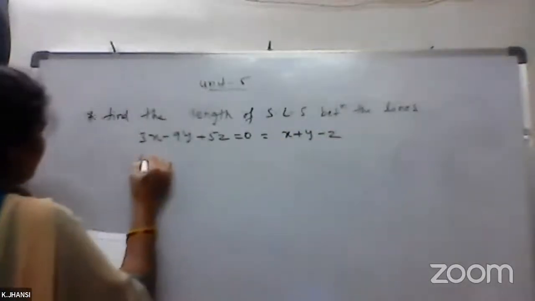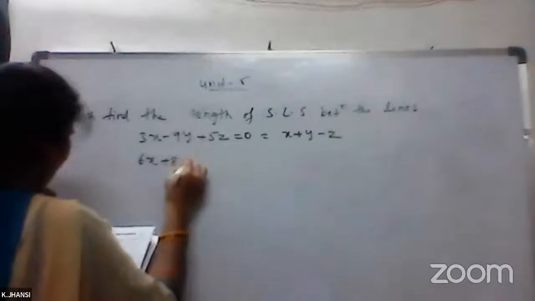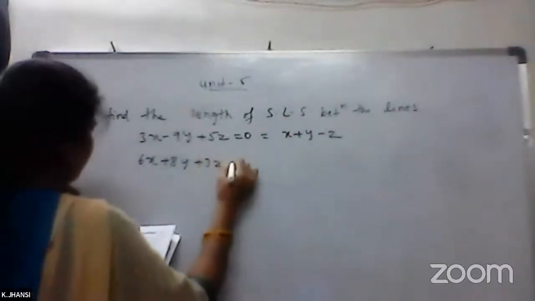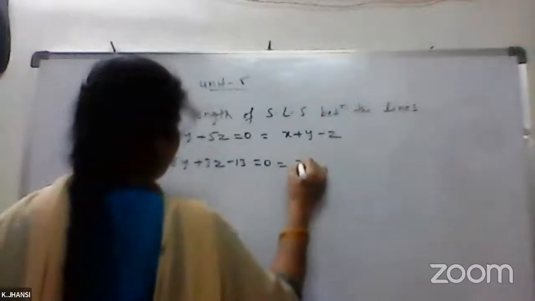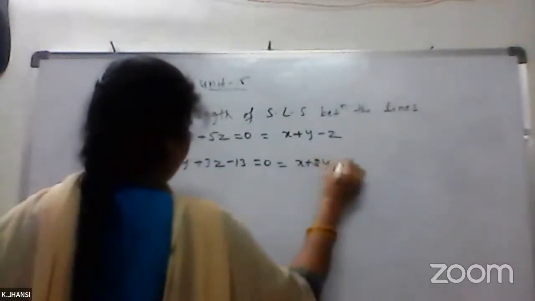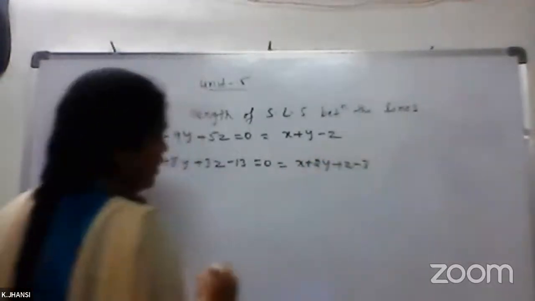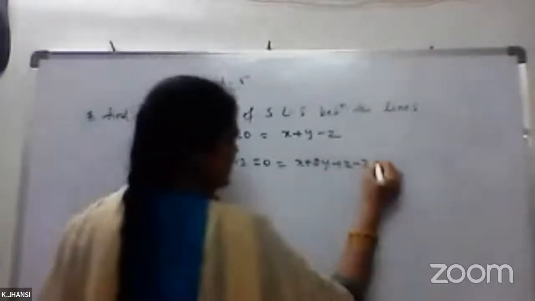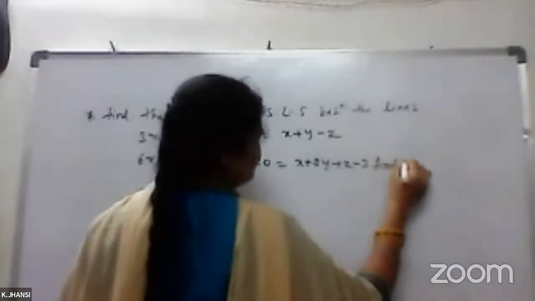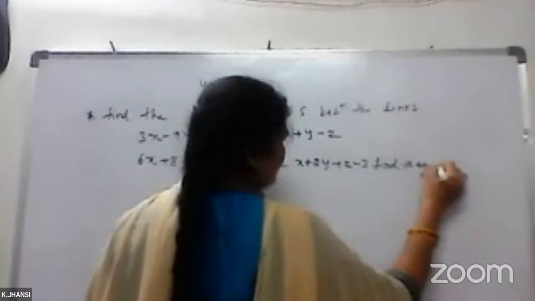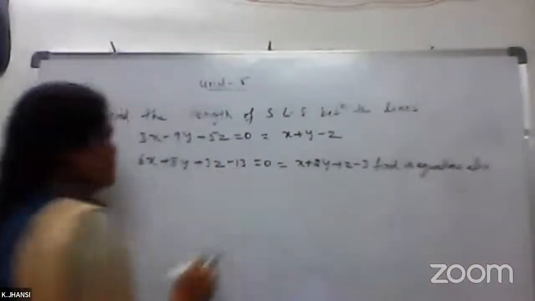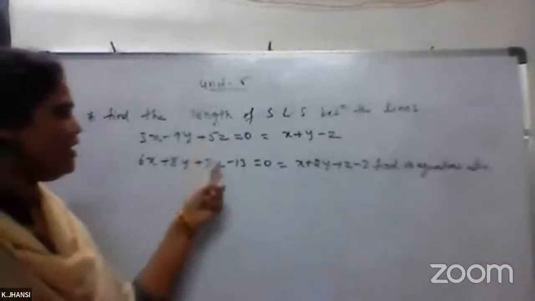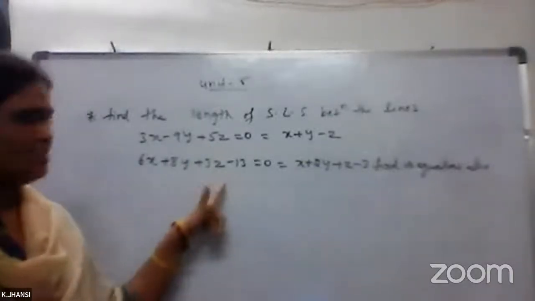Okay. Next is 6x plus 8y plus 3z minus 13 equals to 0 equals to x plus 2y plus z minus 3. Okay. Find its equations also. So these are the two equations of the line in the unsymmetrical form.